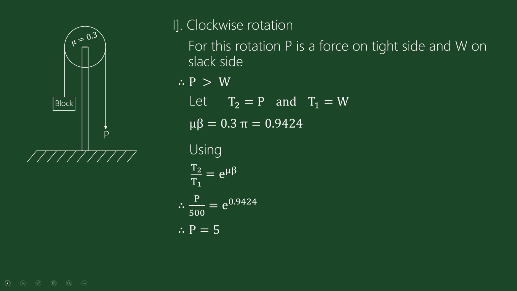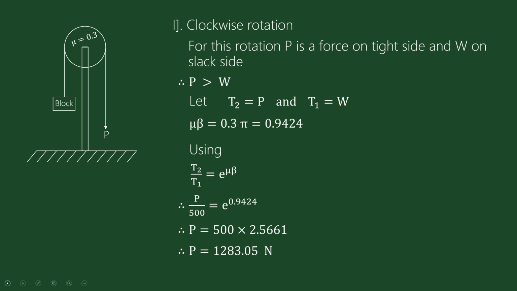You can transfer that 500 to the other side, and we can find out the value of e raised to 0.9424 separately. It comes to be 2.5661, and then multiply these two values to get the final answer of P as 1283.05 Newton.